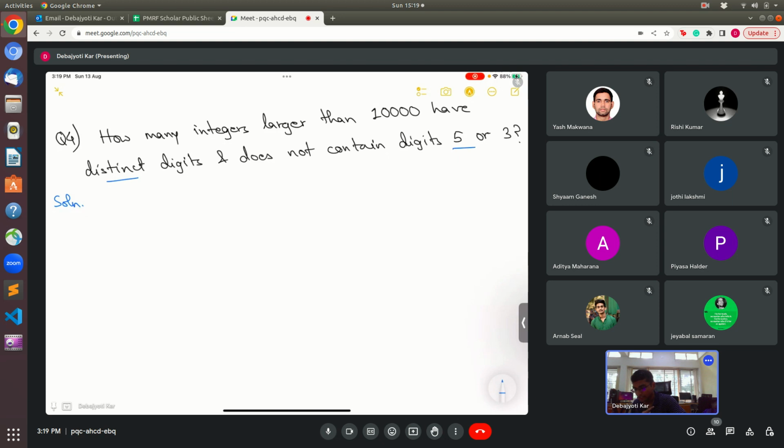And secondly, since it has distinct digits and 5 and 3 do not appear, what is the maximum possible number of digits in that number? It is 8, right? Because there are 10 digits, 0, 1, 2 up to 9, and we know that 5 and 3 do not appear, and all the digits have to be distinct. So the maximum possible number of digits can be 8, right?